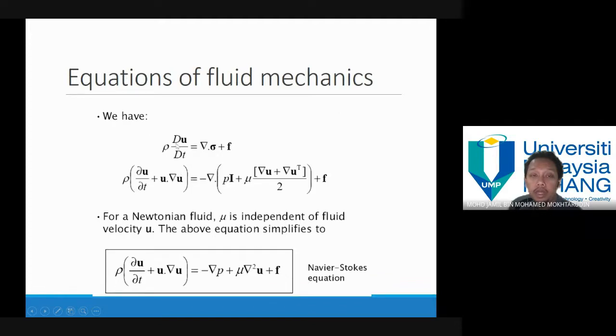The fluid flow equation here depends on the viscosity of the fluid. The final equation here is also known as the Navier-Stokes equation.